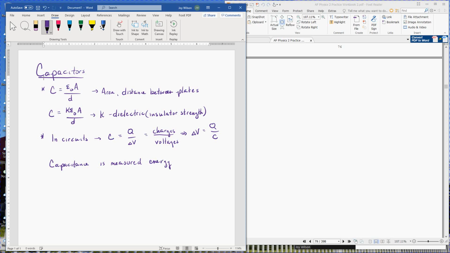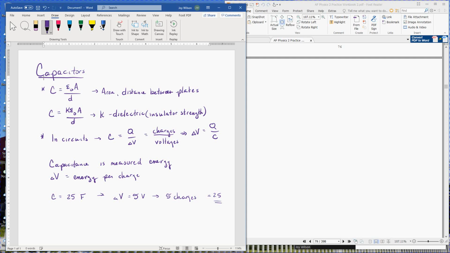So the reason it depends so much on voltage is because, if you think about voltage, voltage is energy per charge. So if our capacitance was 25 farads, and our voltage is 5 volts, we can only have 5 charges, because 5 volts with 5 charges would be 25 total.